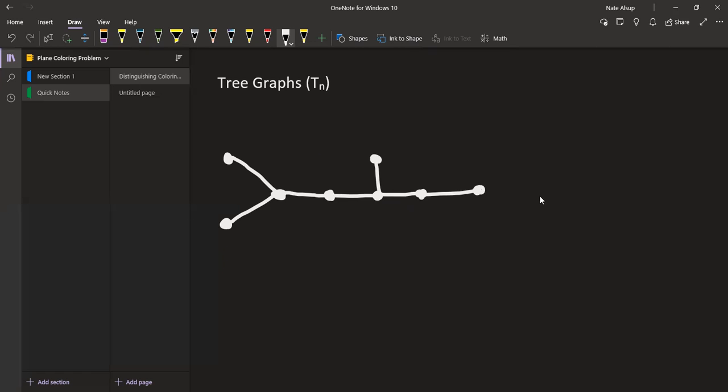All right, so there's my tree graph. Just a random tree graph. 1, 2, 3, 4, 5, 6, 7. This is a T8 graph. So we're trying to do the same thing as usual.